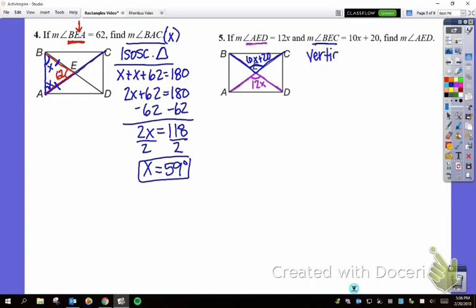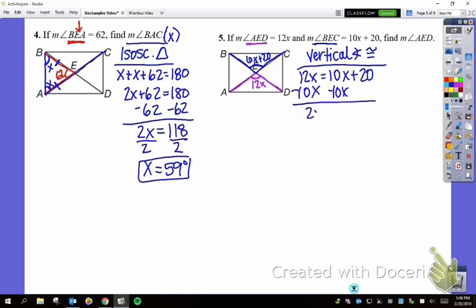So when we have vertical angles, we know that vertical angles are congruent, so we can say 12x equals 10x plus 20. And then we would just subtract 10x on both sides. 2x equals 20. Divide by 2 and x equals 10. Now on this particular problem, it asks us to find the measure of angle AED. So we would say 12 times 10, which is 120 degrees.